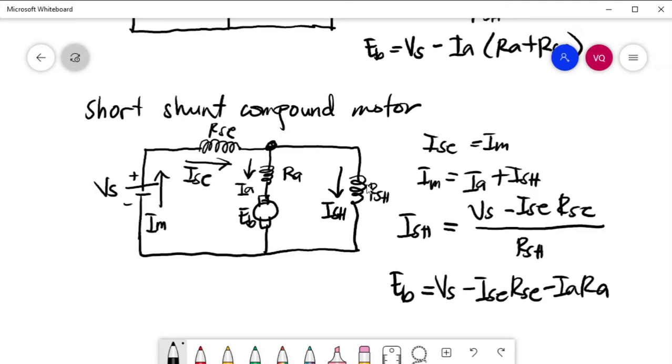So you can solve Ish: Ish is equal to source voltage minus, taking a loop outside here, the drop in Ise Rse, divided by Rsh. Then we know Ish. The back EMF now will be equal to source voltage minus Ise Rse minus IaRa.